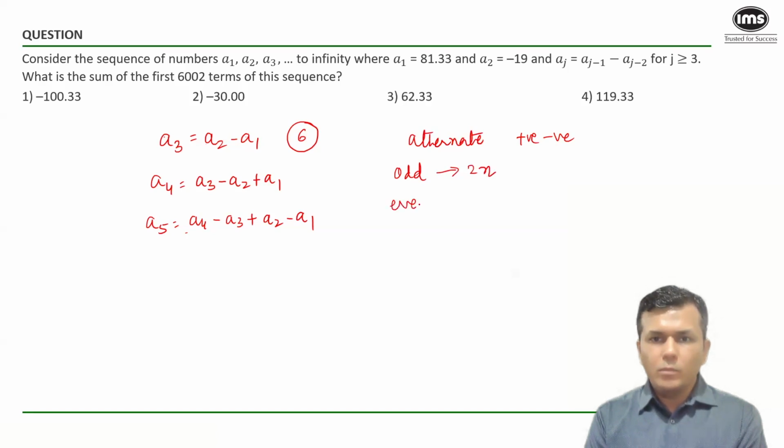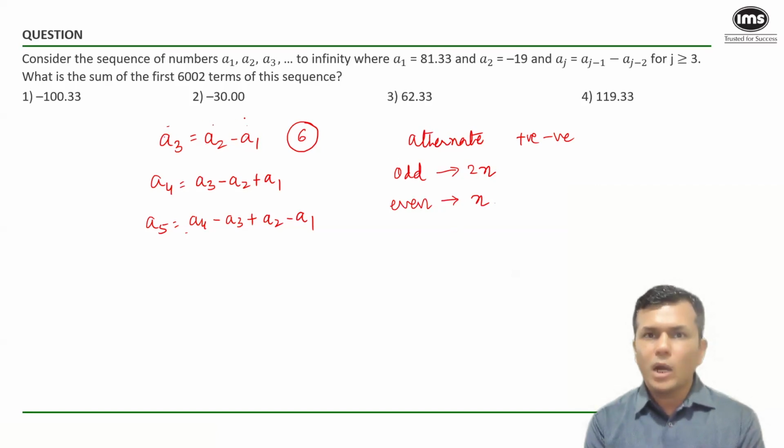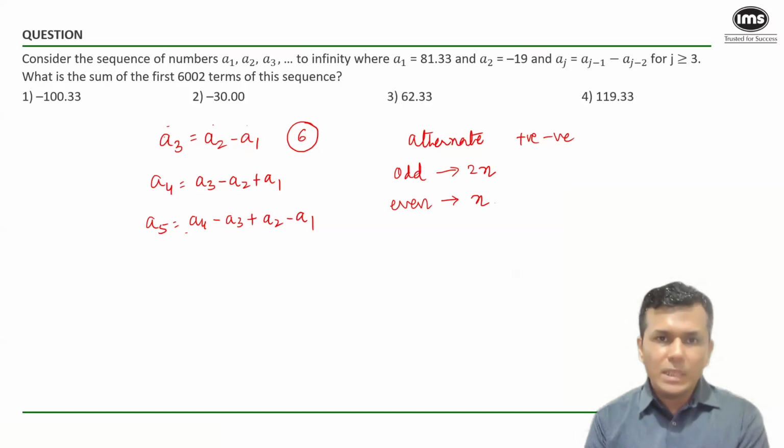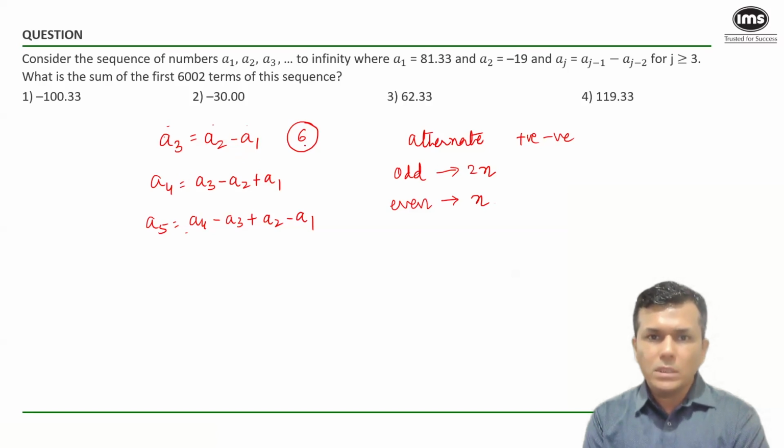If you have an even number of terms in total, including the number of terms on left and right both, which is equal to n, the length of the cycle will be n. Which means, let's say if I'm having 3 terms here, that is 1, 2, and 3. This is how we are supposed to count it. Odd number of terms, including the number of terms on both sides, left as well as right. So if you have 3 terms, the length of the cycle becomes 2n, which is 6.